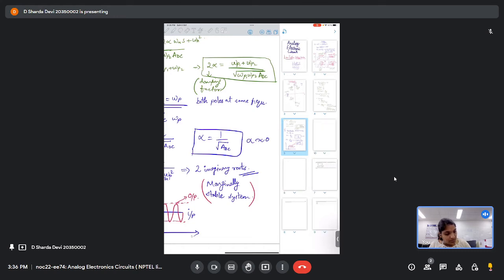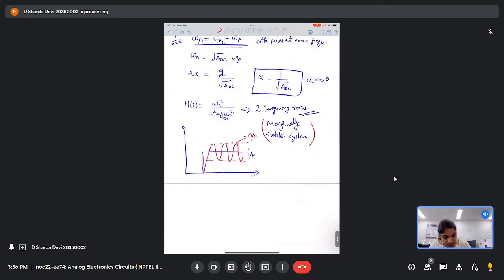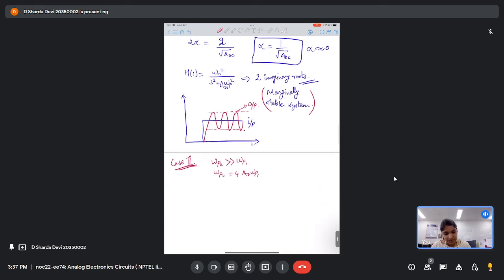Now next comes case 2, that is, when we have two open loop poles with one being much greater than the other. In that case, let's say omega P2 is 4 times A naught omega P1. In this particular situation, what happens?